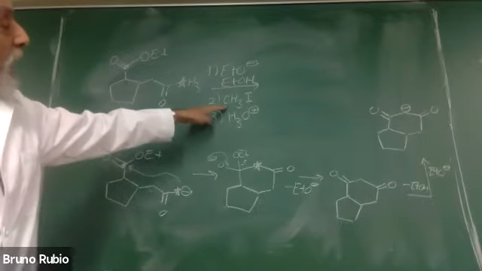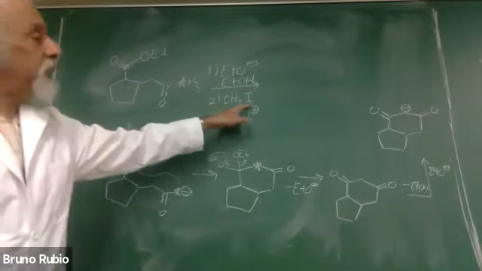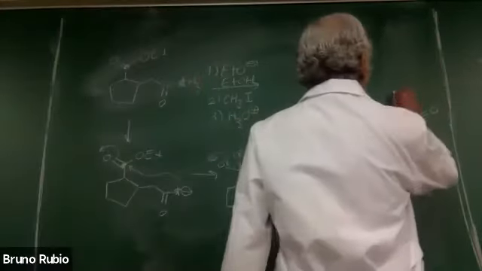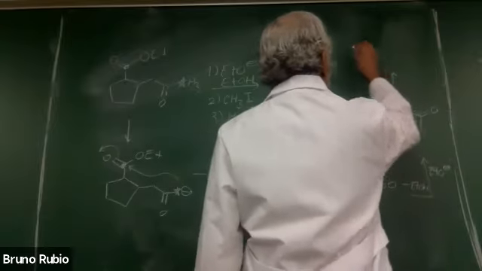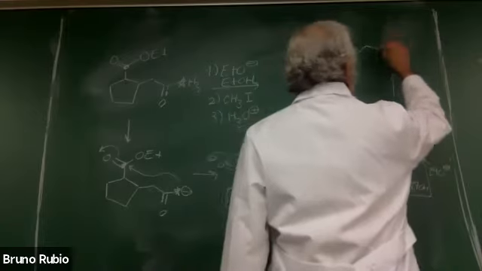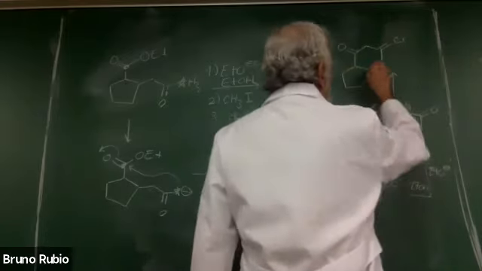All right, now this is going to be an SN2 reaction. Iodide is a good leaving group. That's the nucleophile. So we'll have alkylation of the enolate.